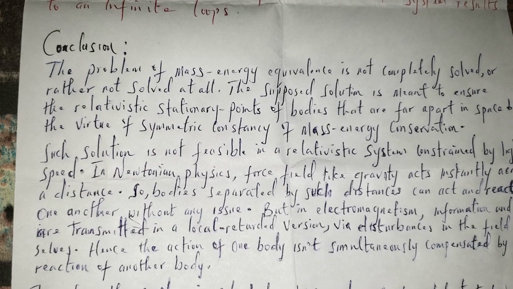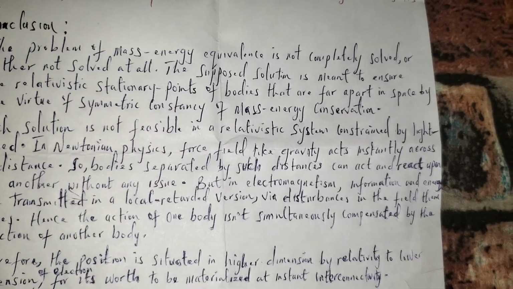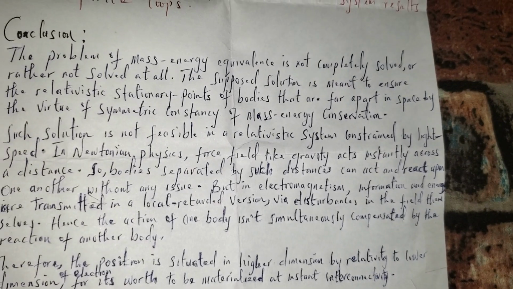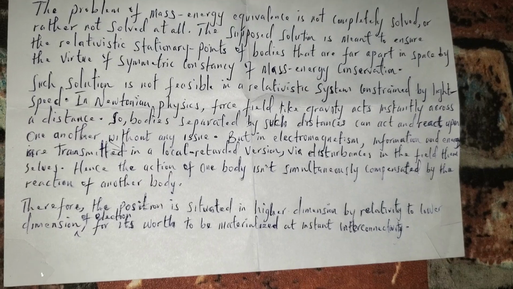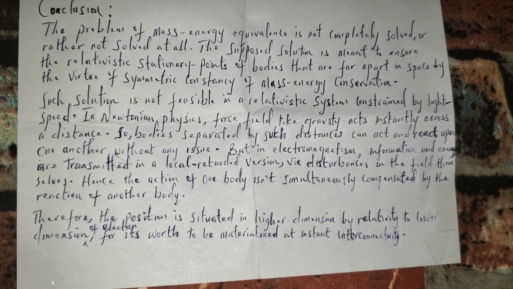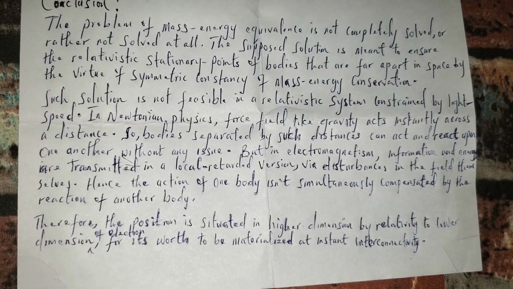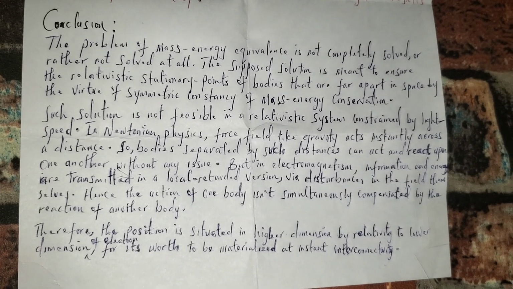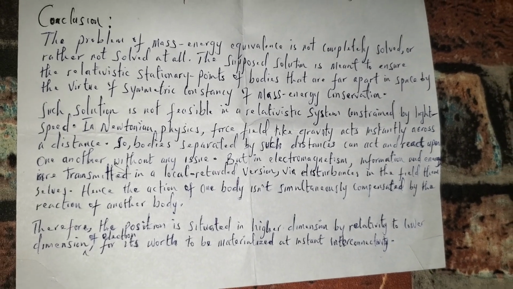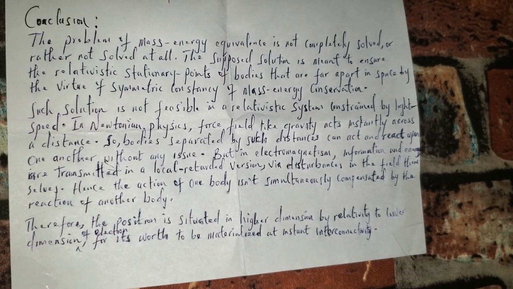In Newtonian physics, force field like gravity acts instantly across a distance. So bodies separated by such distances can act and react upon one another without any issue. But in electromagnetism, information and energy are transmitted in a local retarded version via disturbances in the field themselves.